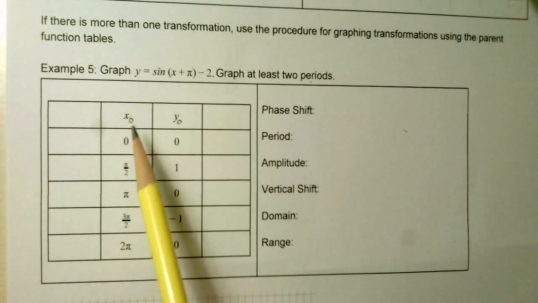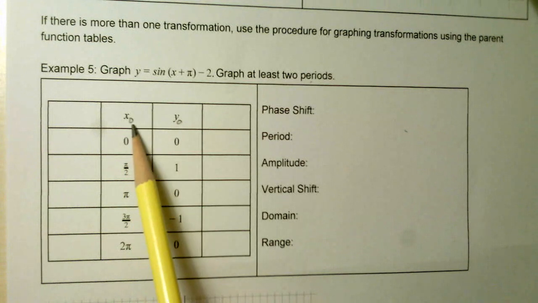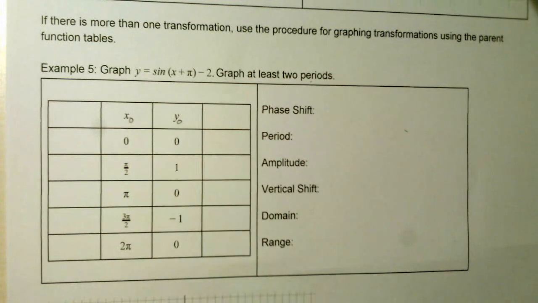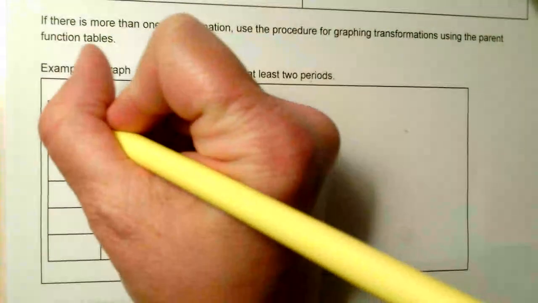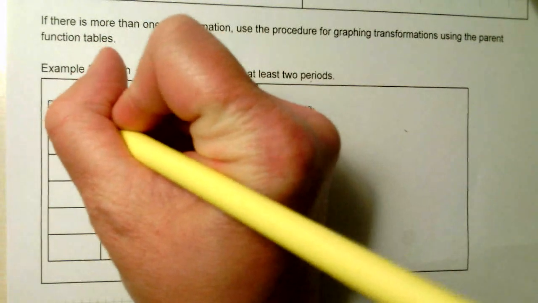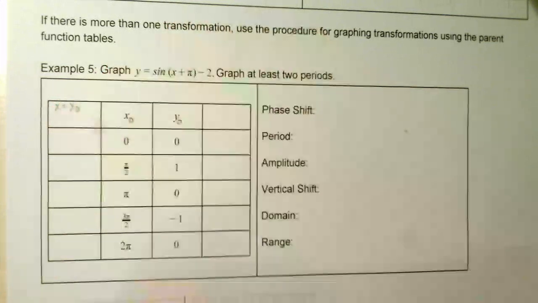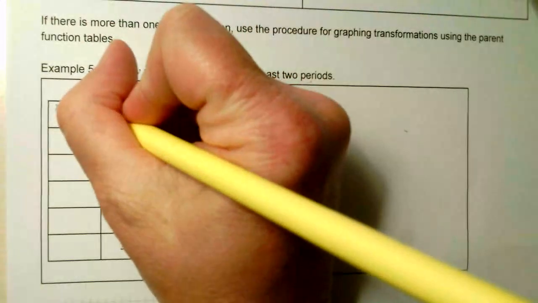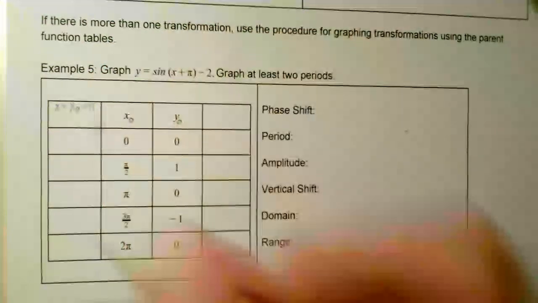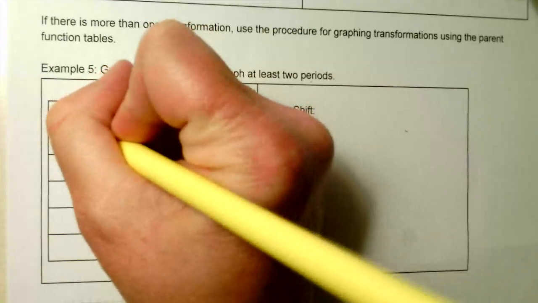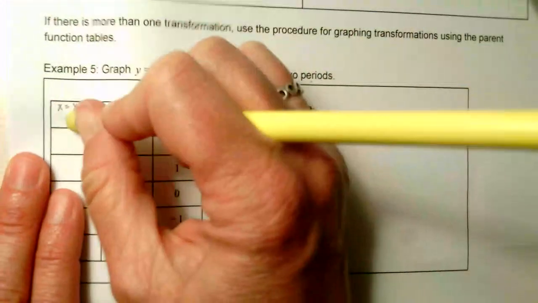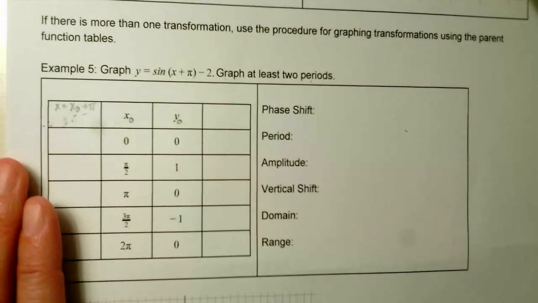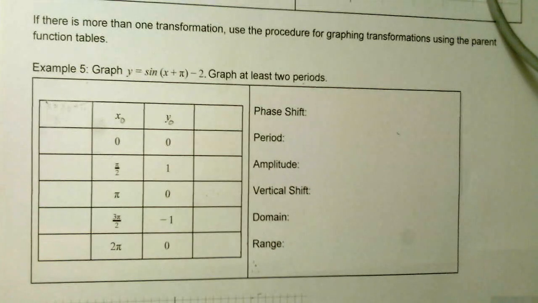Okay, so here are my parent functions, my original x values and my original y values. So I am noticing that my x has now changed to my original x plus pi. Sorry guys, I screwed that up.